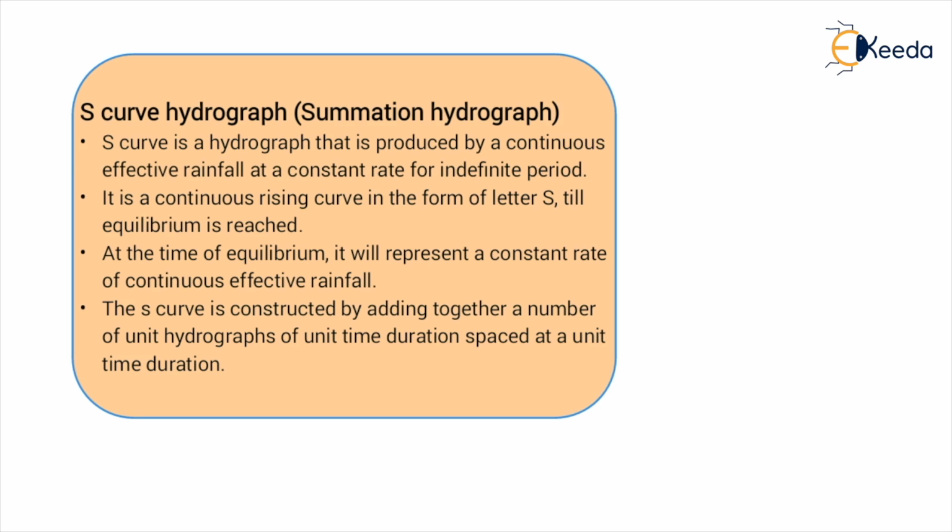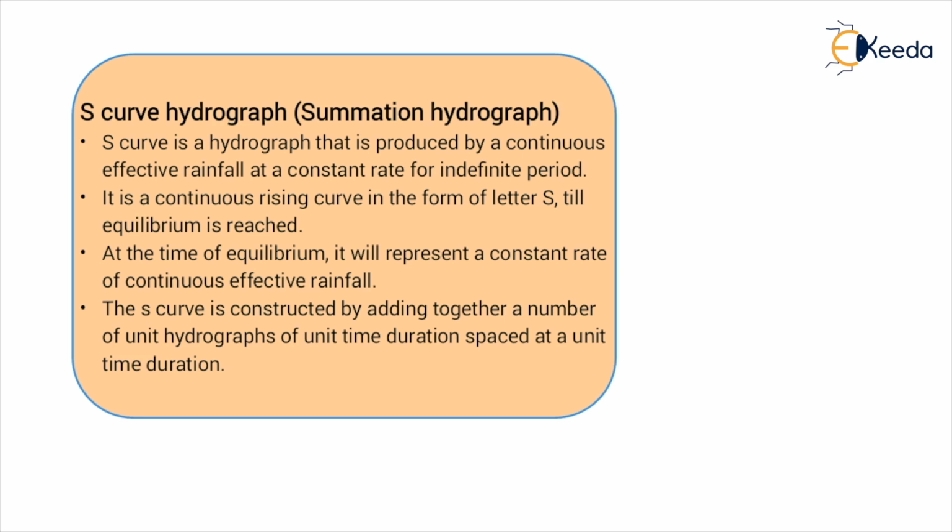So what exactly is an S-curve hydrograph? It is also a representation of discharge versus time. It is a graph which shows discharge versus time, and the graph is known as a hydrograph. But why is it called an S-curve? It is produced because of continuous effective rainfall.